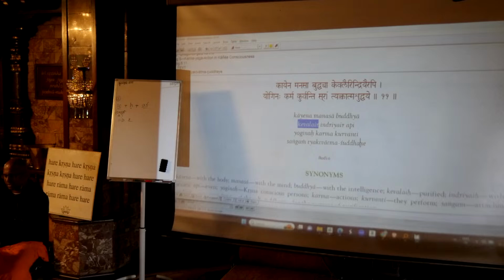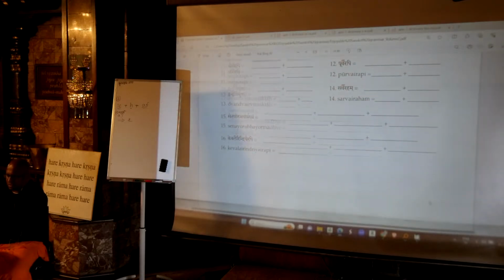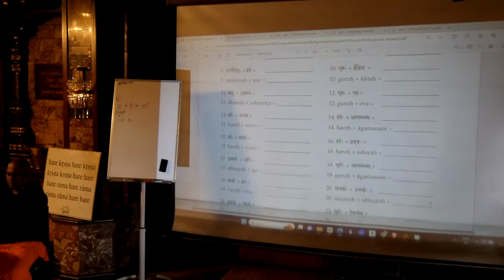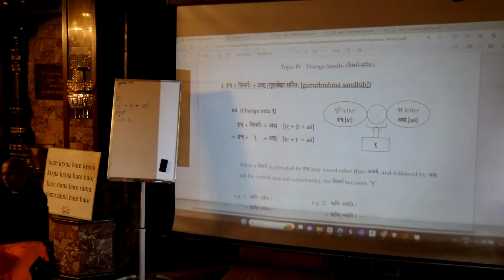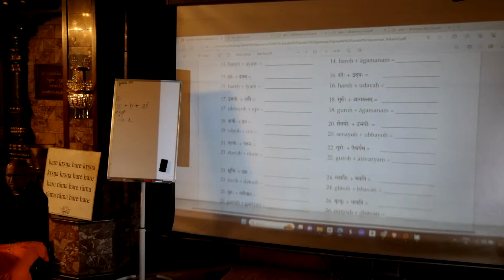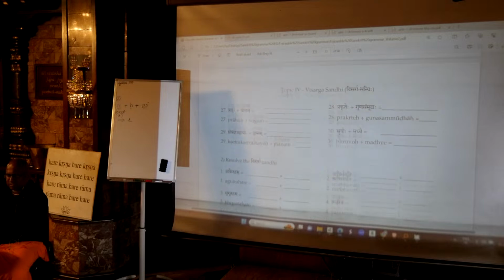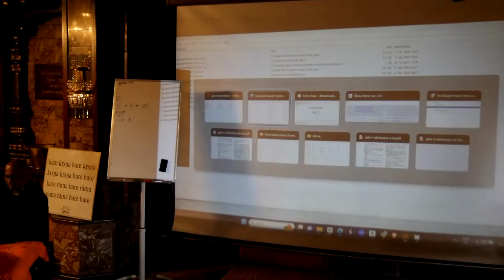So kevalaihi indriyaihi api becomes kevalayar indriyayar api. This sandhi is everywhere, because in this visarga, any vowel before visarga which is not akara gets covered. Ukara, ikara, aikara, ekara, okara, whatever it is. That's why this sandhi is quite prominent in visarga sandhi. You will find it just everywhere. So that is it.